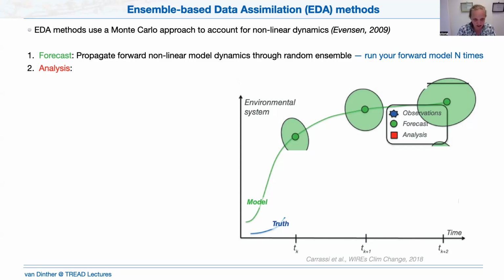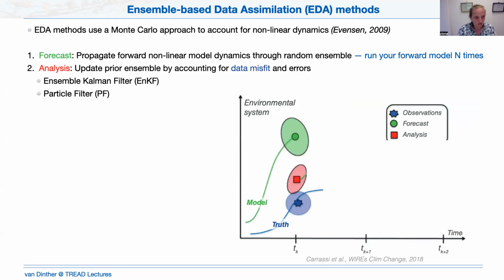If you look at this figure with time on the x-axis and some state variable, which can be anything you want, you see the model line in green. At certain times where we have observations, you make a forecast based on your model of what this variable would be, for example the velocity at the fault.